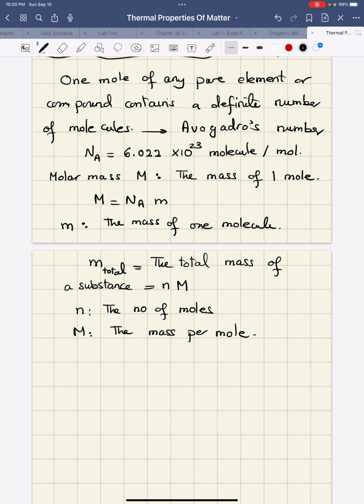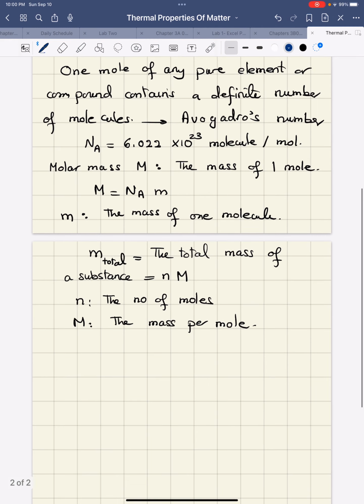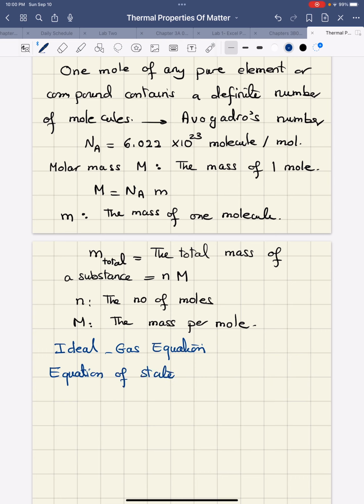One of the things that we are going to introduce also is something that you maybe learned in chemistry, and the name that we usually use for it is the ideal gas equation, or another name which is maybe more fancy, the equation of state.